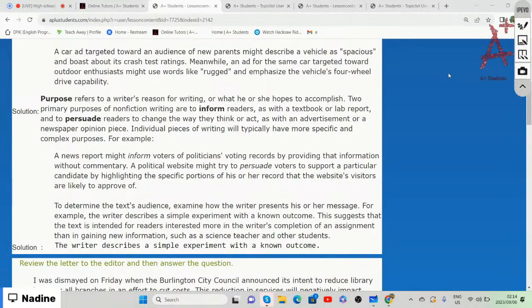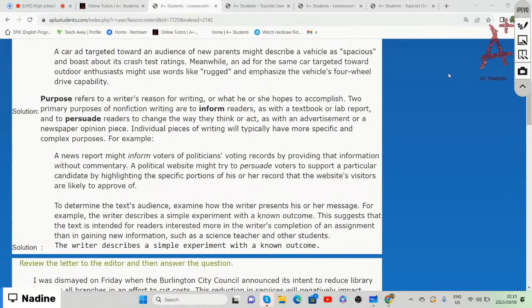A political website might try to persuade voters to support a particular candidate by highlighting the specific portions of his or her record that the website's visitors are likely to approve of.